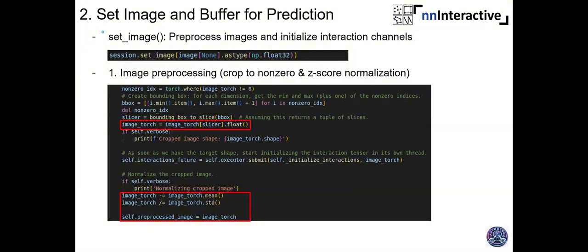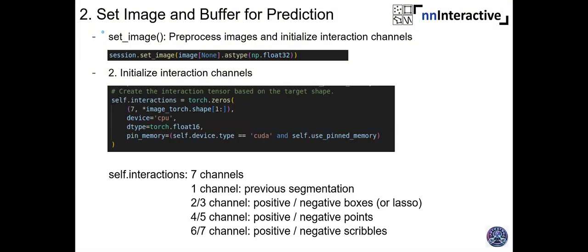The first step is image preprocessing, where the image is cropped to non-zero voxels, and then z-score normalization is performed. Next, it initializes interaction channels to all zeros, where the number of channels is 7. As I mentioned before, there are 7 channels. The first channel is for the previous segmentation, followed by boxes, points, and scribble prompts.